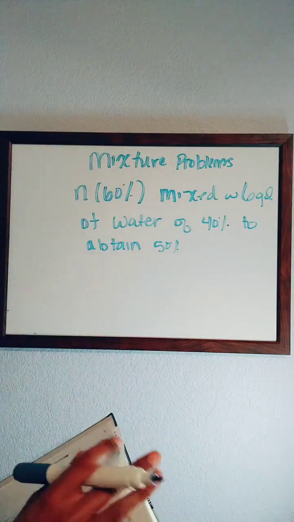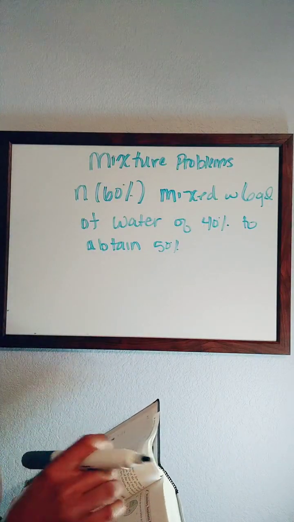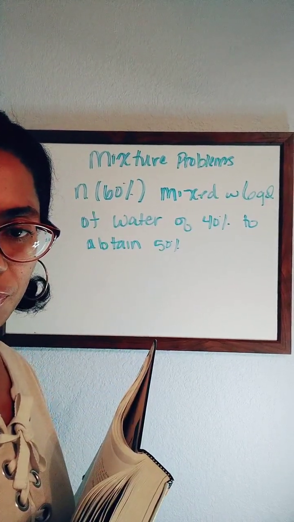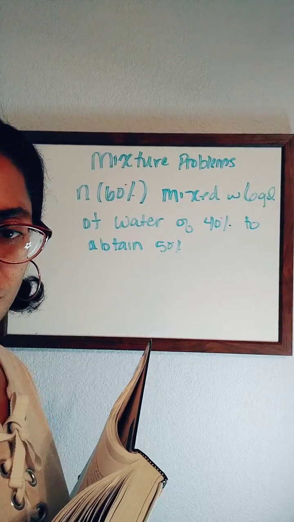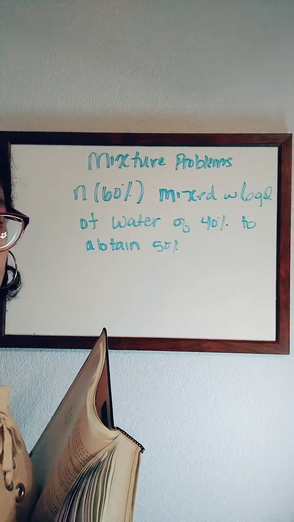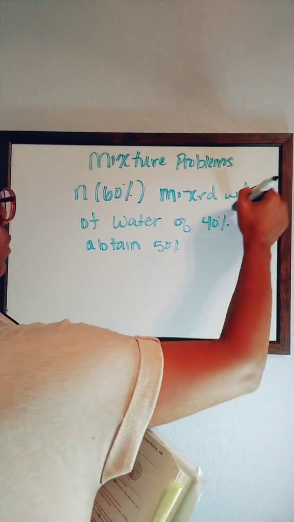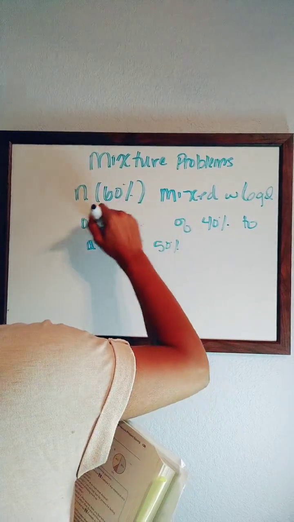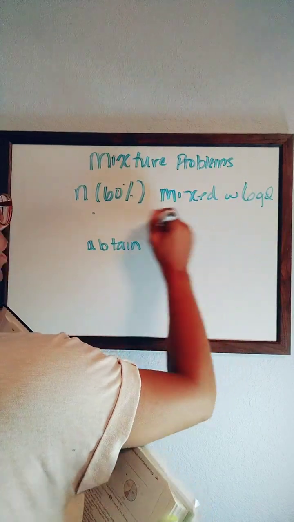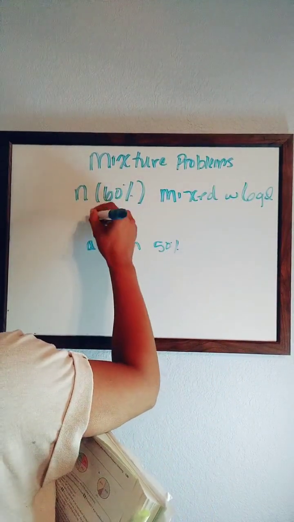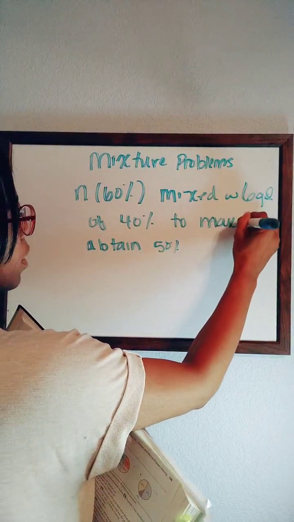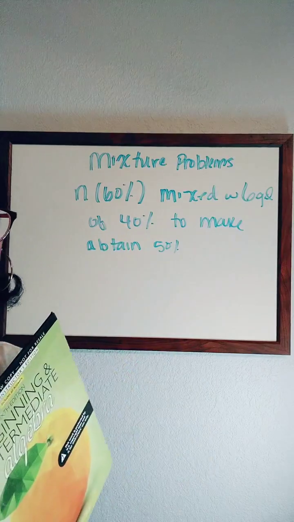So it says mix with 6 gallons of 40%. Let me go back to your question. Let me make sure I got it right. Lex, why didn't you tell me I had the wrong thing? So I'm just mixing 60% with 6 gallons of 40% to make a 50%. Is that the question?